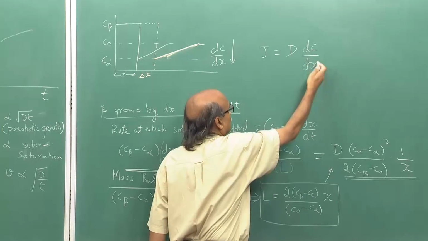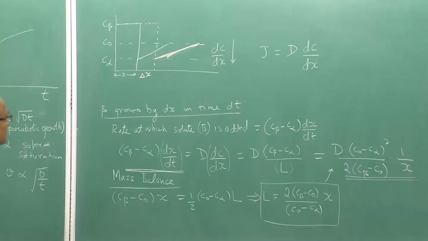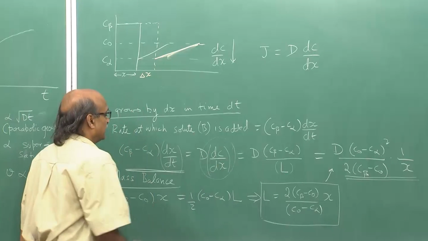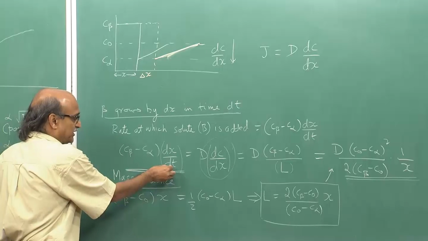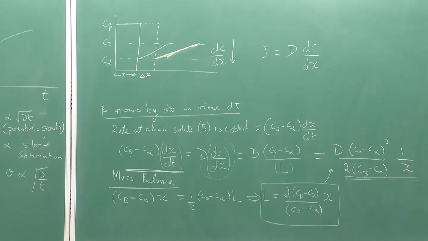So, as the gradient of concentration is reducing, the flux of B atoms is reducing. So, if I look at this, this is reducing, and hence dx by dt has to reduce. So, this is the reason why growth is reducing with time.